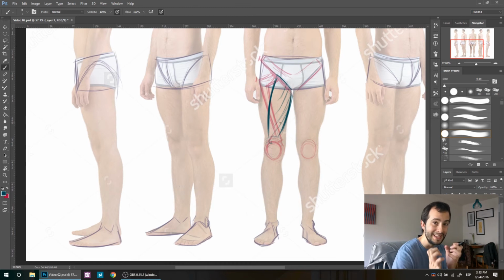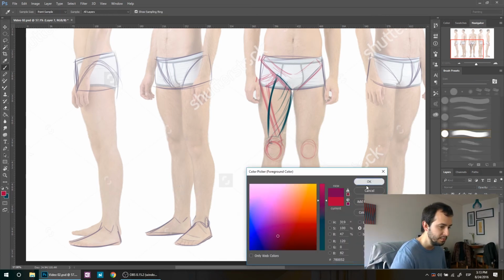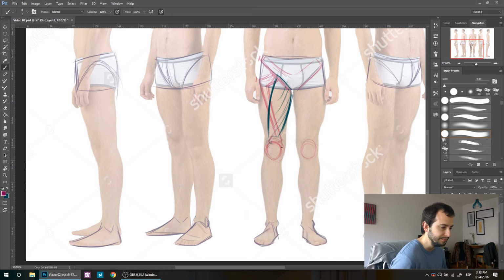I don't know what the name in English is, I forgot. I probably will remember by the time I turn off the camera. But then there is the other one, the top one, let's just choose this color, that comes from this side, and it's going to connect to this part.